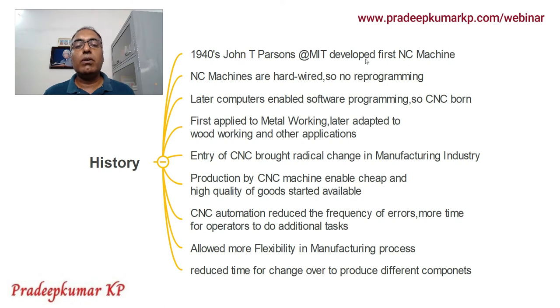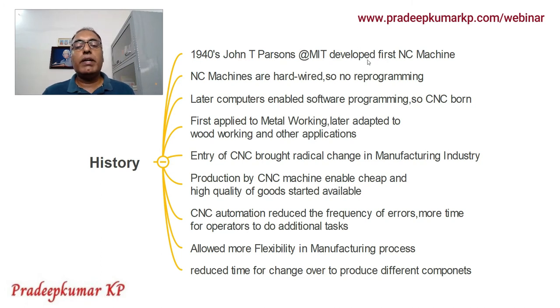So it is not so flexible to change the programming like we do now in CNC, where it is computer-enabled software programming. You have a lot of flexibility. So the computer came into place. The technology, computer numerical control, this computer-assisted programming, was first applied in metalworking, and later adapted to woodworking and other applications.